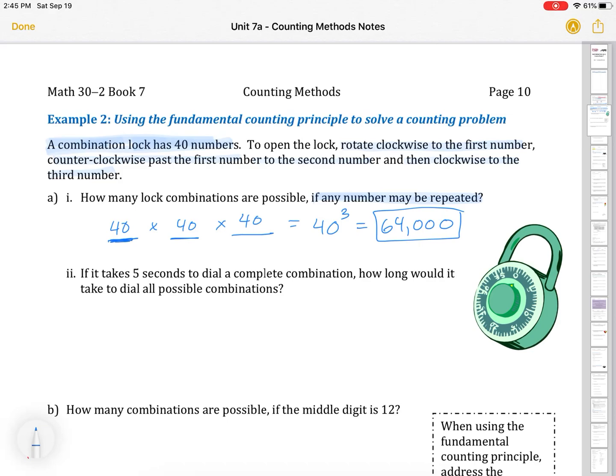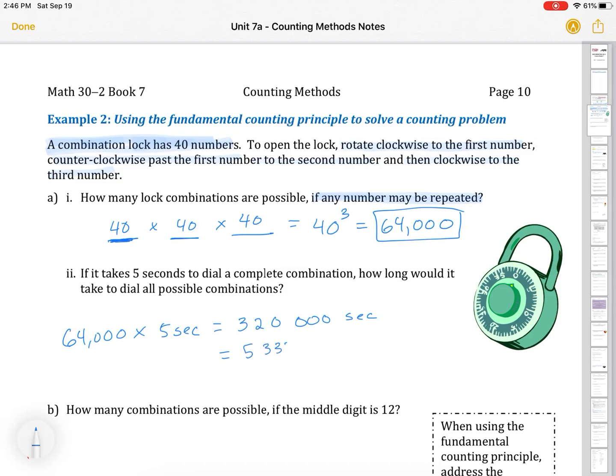If it takes 5 seconds to dial a complete combination, how long would it take to dial all the possible combinations? Well, then you would take 64,000 times 5 seconds. And you're going to get 320,000 seconds.